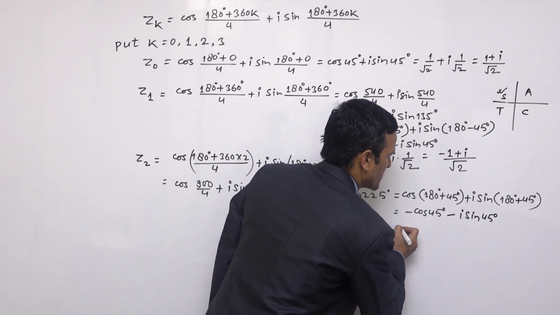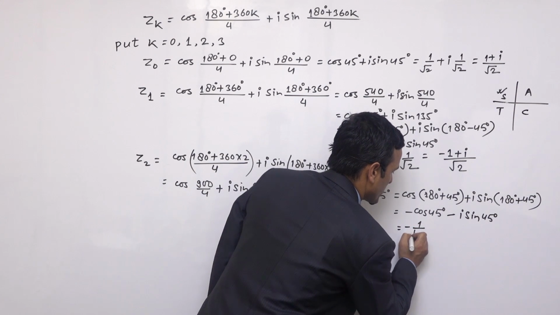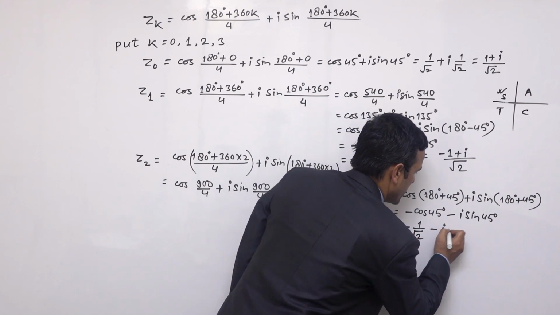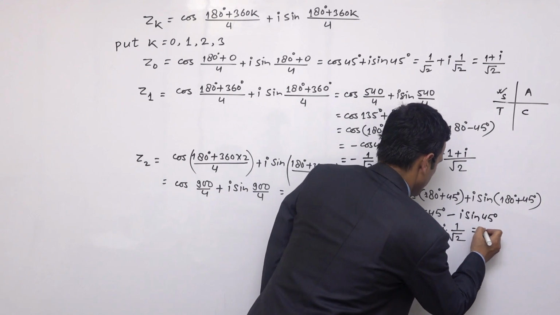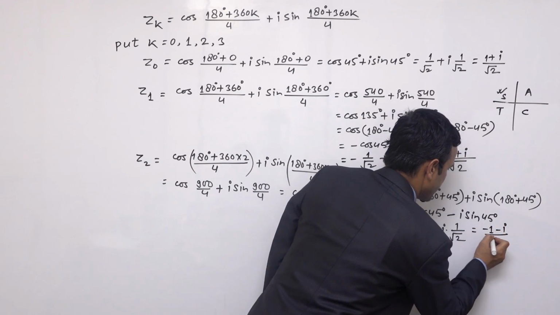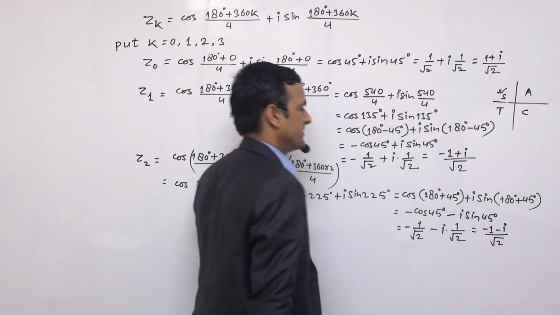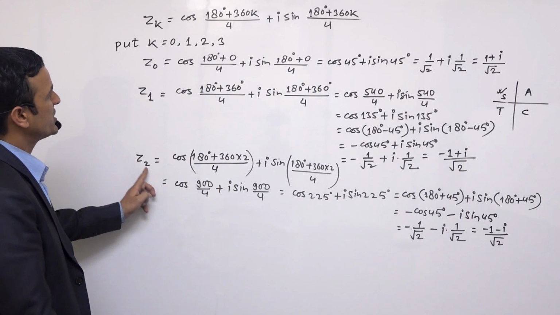Now we can substitute the value. Minus cos 45 means 1 by root 2, sin 45 means 1 upon root 2. So (minus 1 minus i) divided by root 2. This is the solution, z2.